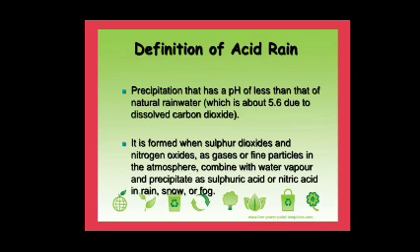Acid rain is in fact a mixture of mainly H2SO4 and HNO3, where the ratio of the two may vary depending upon the relative quantities of oxides of sulfur and nitrogen entering into the atmosphere.